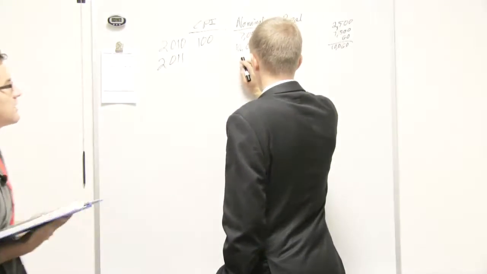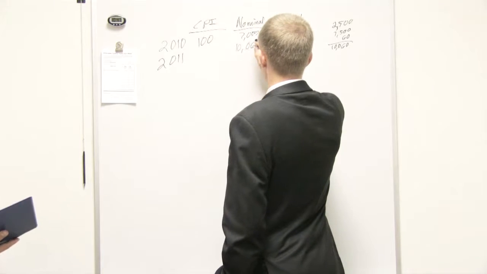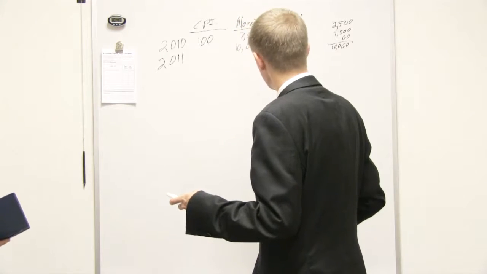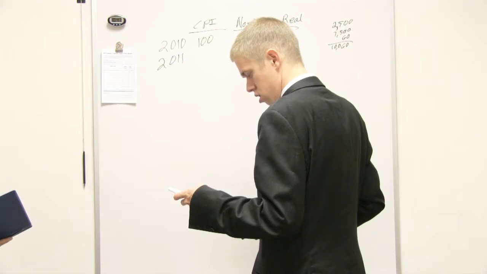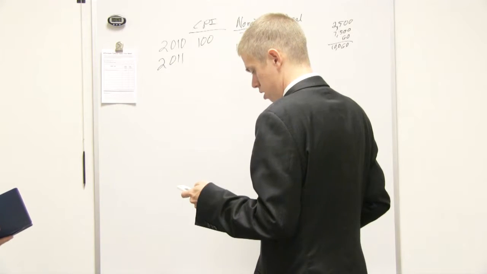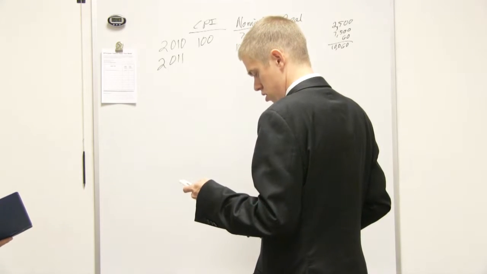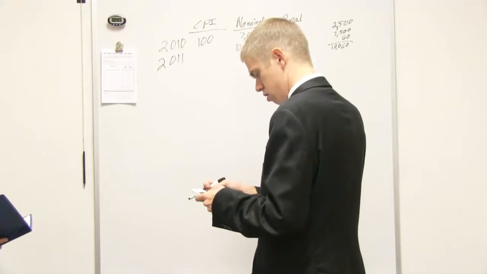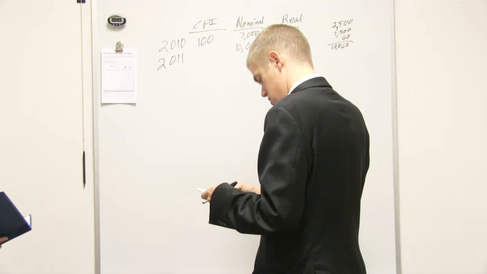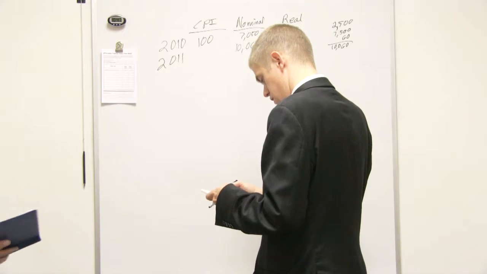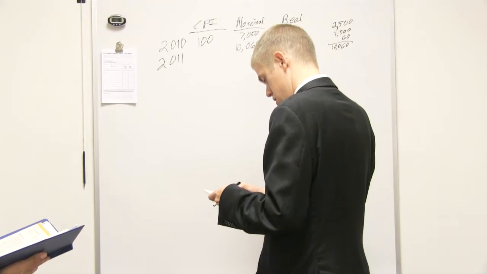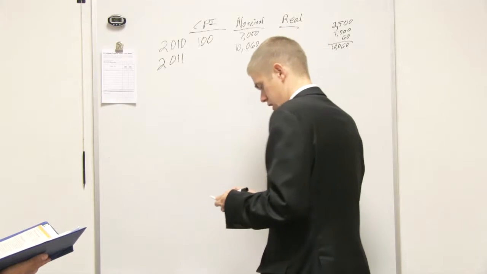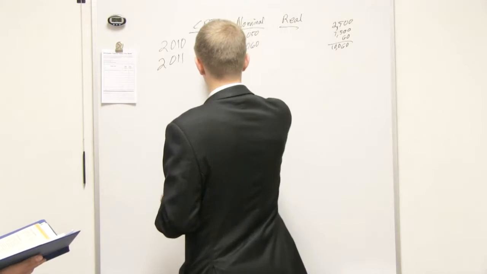So now use these, take this divided by that. 10,060 divided by 7,050 equals 1.4269, so 1.43.